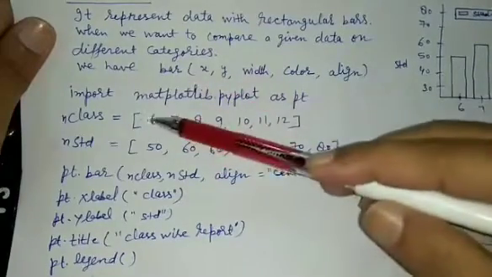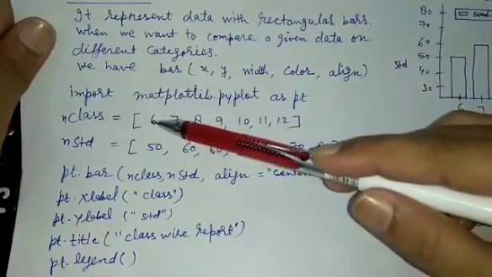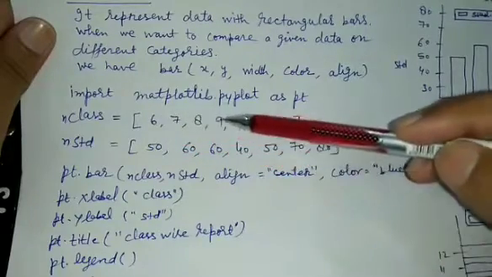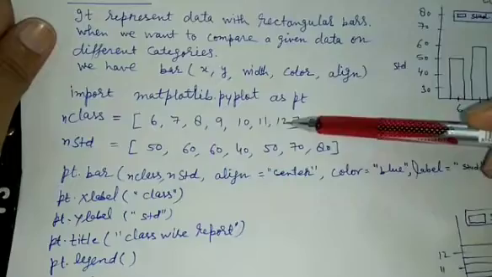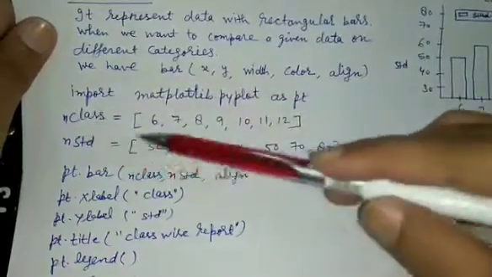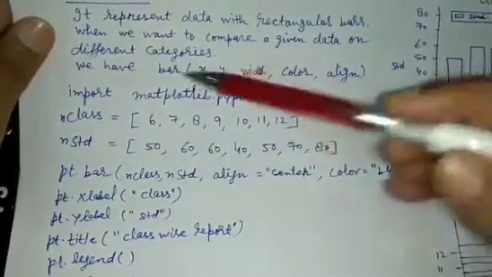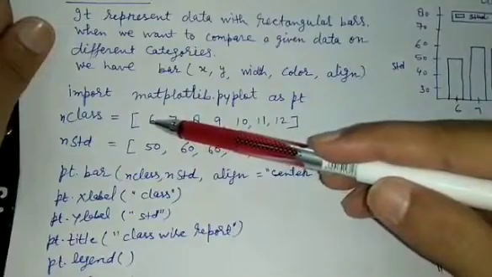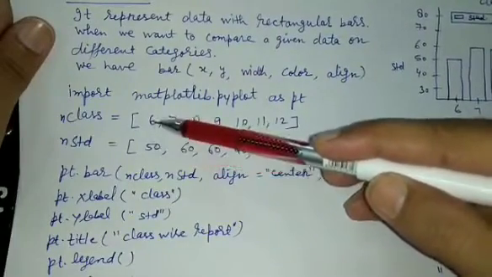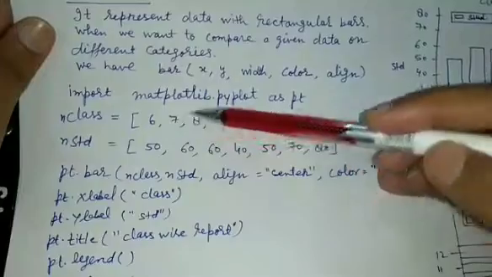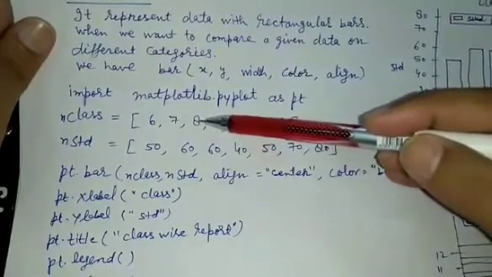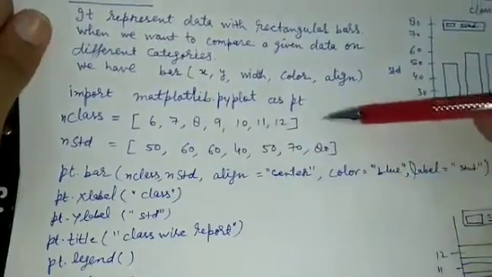What is this? This is class number: 6th class, 7th class, 8th class, 9th class, 10th class, 11th class and 12th class. And n student is a list containing the number of students in that class. For example, 50 students are there in 6th class, 60 students are there in 7th class, 60 students are there in 8th class, and so on.